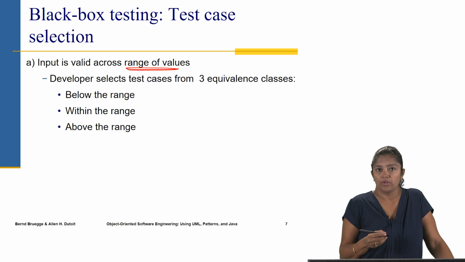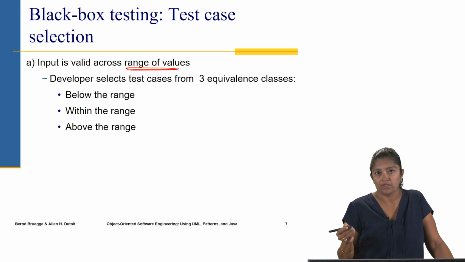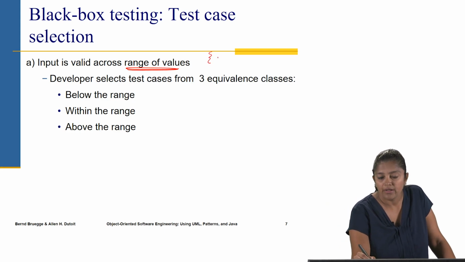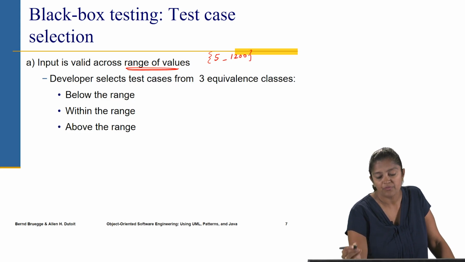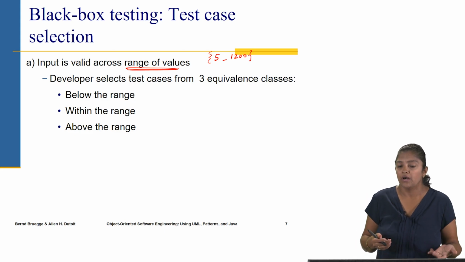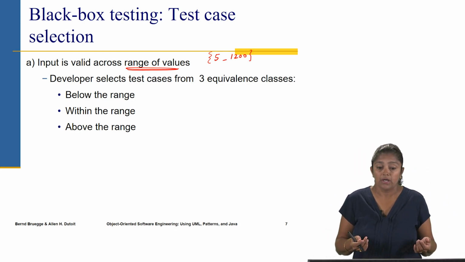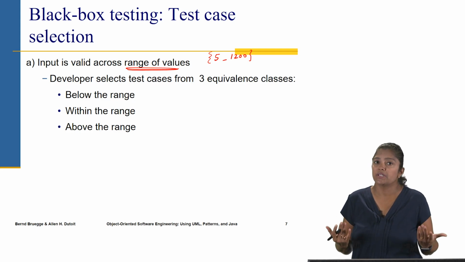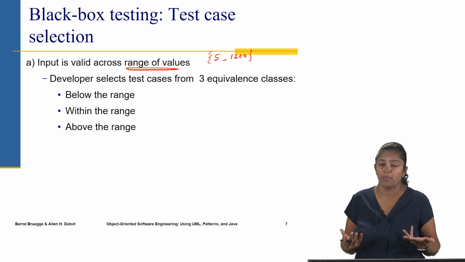Say the possible input to a unit that's being tested is a range of values. Say you can provide the numbers from 5 to 1200, and I just made that up. Now typically whenever you have a range of values, there are 3 equivalence classes that you can come up with.